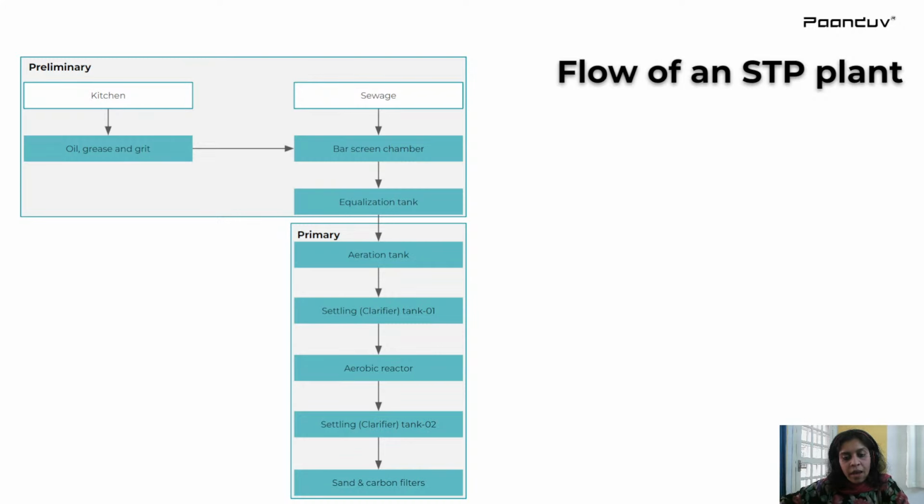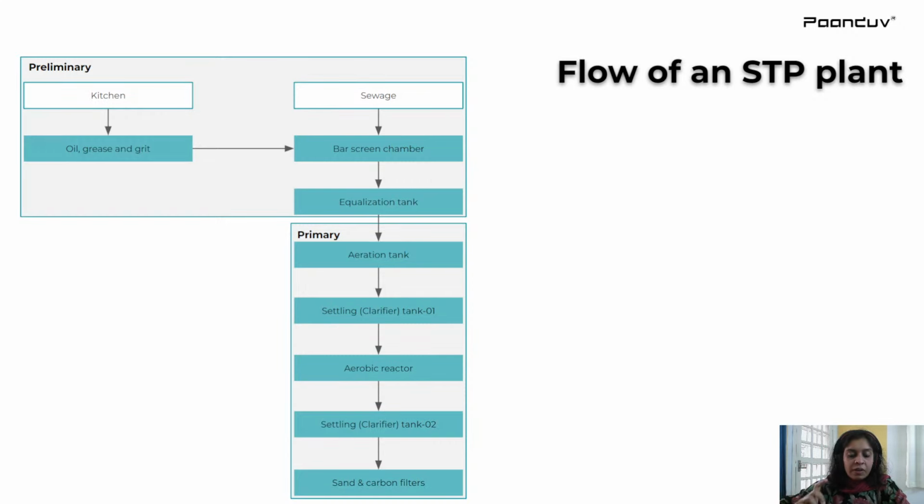Aeration tank, aerobic reactor, these are used, these provide a certain amount of oxygen through diffusers, which allows the growth of microbial entities in the chamber. These microbial entities will eat up all your organic waste, and organic impurities will be decomposed and converted into the sludge form. This sludge will sediment down through the clarifier.